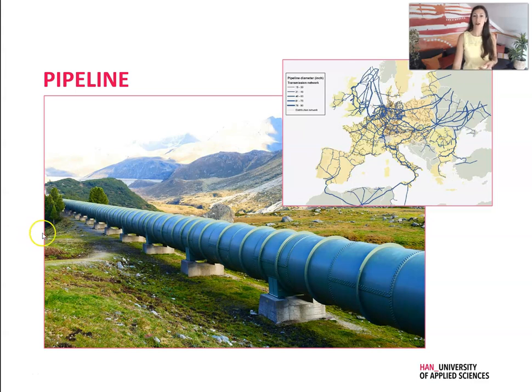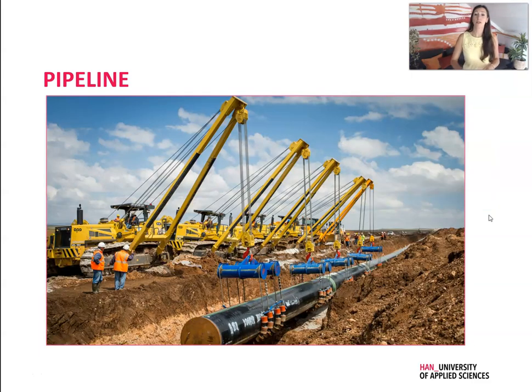And as you can see here on the map on the top, this is actually a net of pipelines that we have in Europe and how it even connects to Africa and, for example, Russia and other countries surrounding us. So it is quite extensive, and it is actually very cheap.